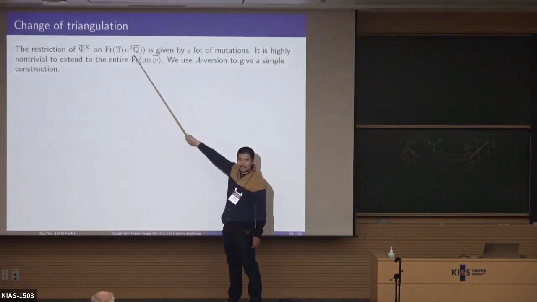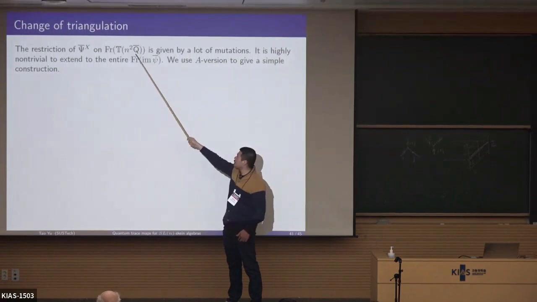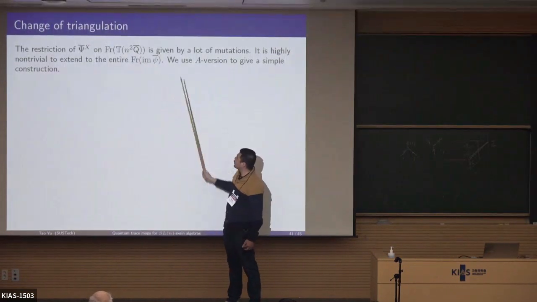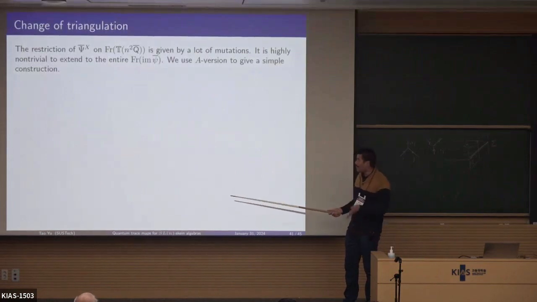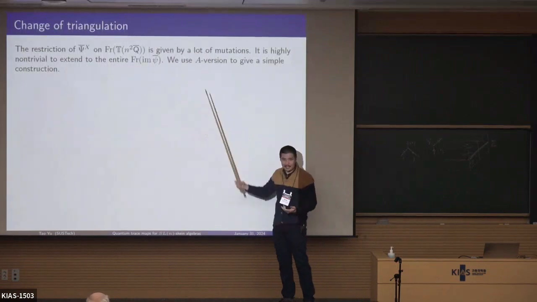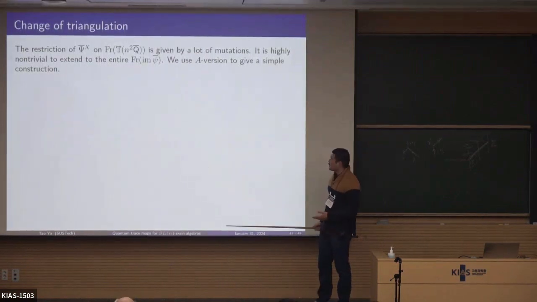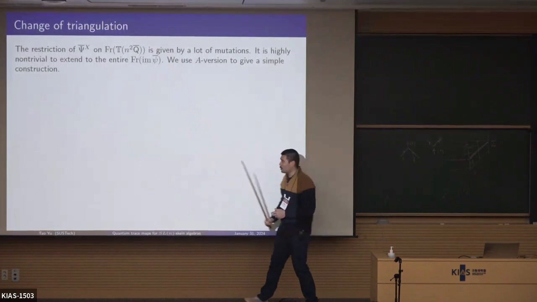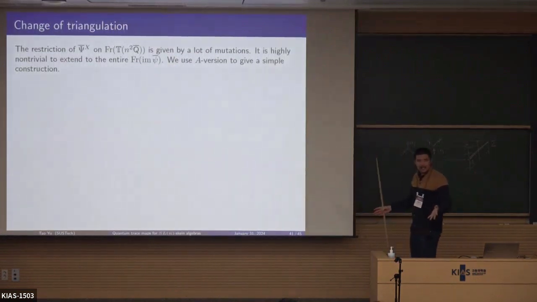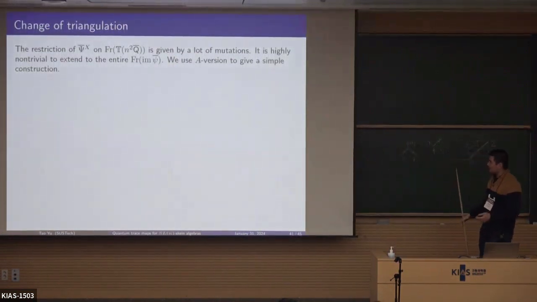The Fock-Goncharov algebra in our notation would be the quantum torus on n squared of Q, but our target is bigger than that. Our target is just defined by Q. It contains all the nth root variables. So the Fock-Goncharov cluster mutation formulas only work on this part of the quantum trace, but we need a formula that's bigger than that.